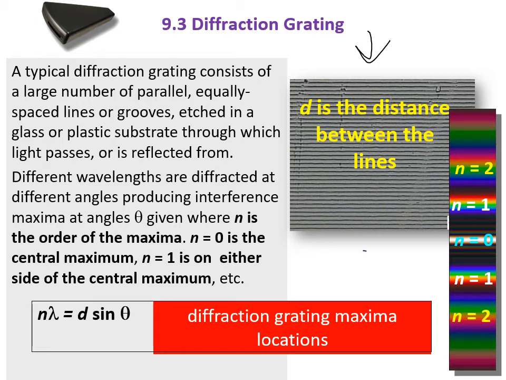So the angle theta is from the center of the central maximum to the center of n equals 1 or the center of n equals 2. So this angle just incorporates only half of the total angular dispersion of the interference pattern.